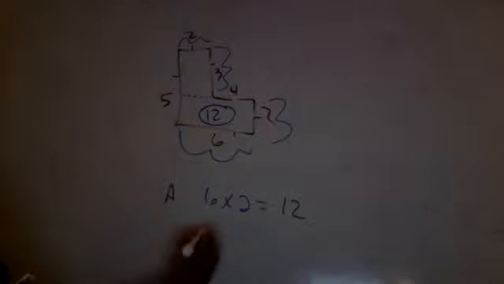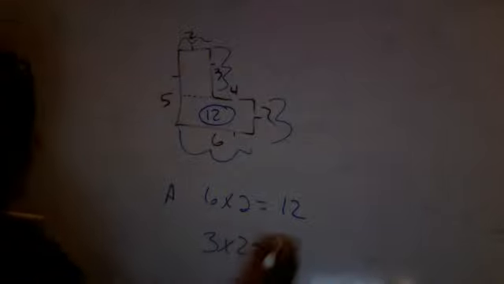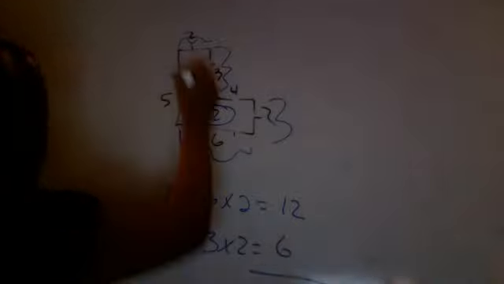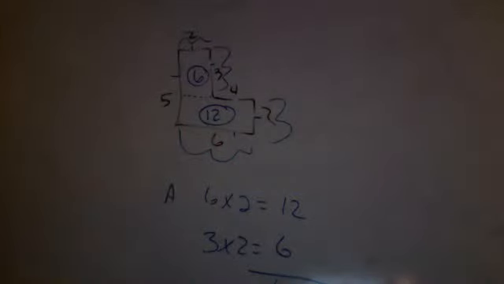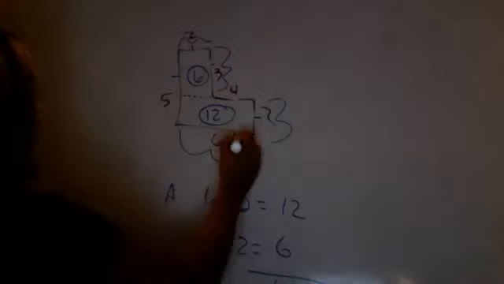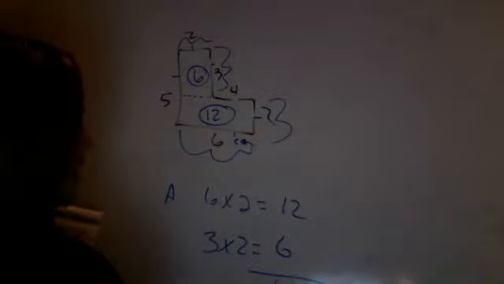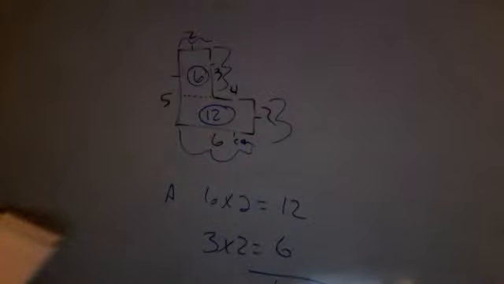So basically that's 3 times 2 is 6, and you add them together, and you get 18 square units. And when you're talking about area, it's always going to be square units. This happens to be centimeters, so you would write it like this, cm to the 2nd power.